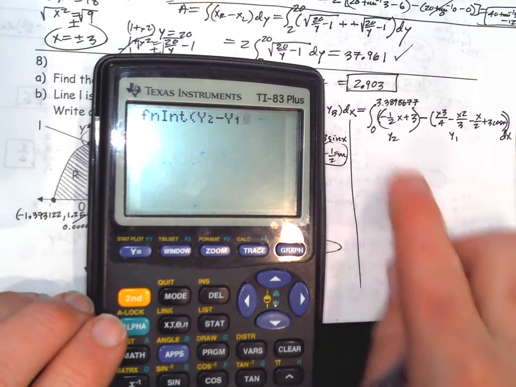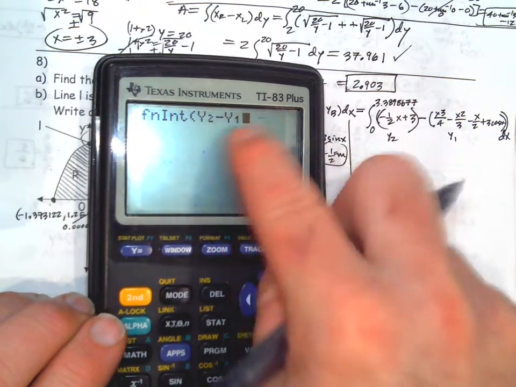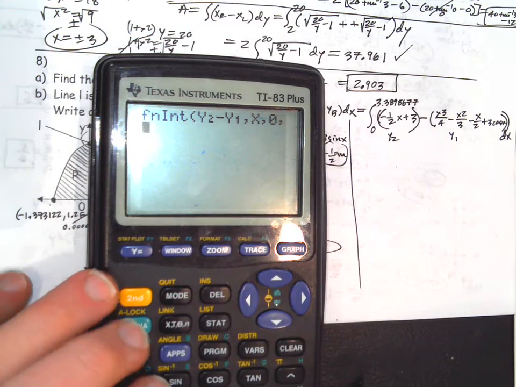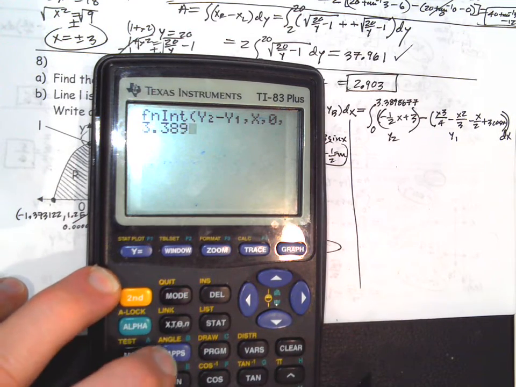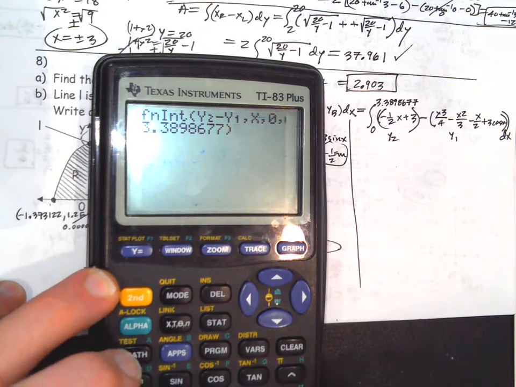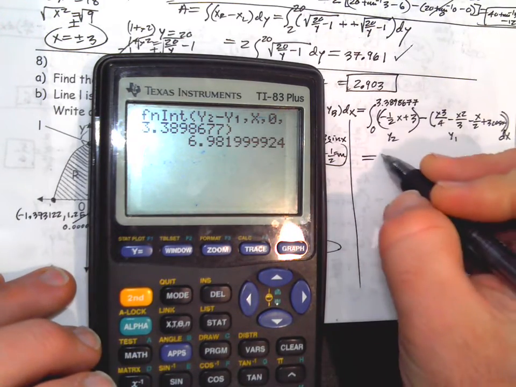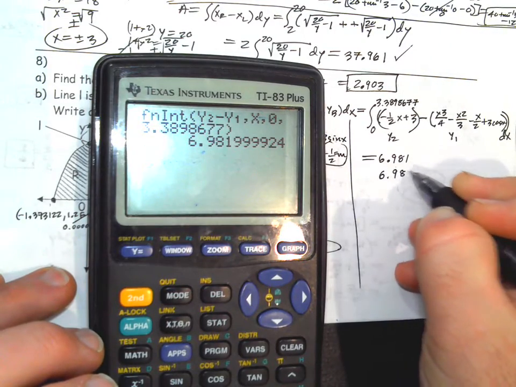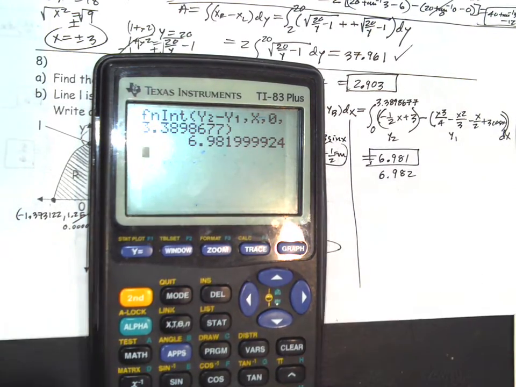That's exactly all this stuff because I had those stored in the y menu. Comma x, comma 0, comma 3.3898677. This will do it all in one go: 6.981 or 6.982. 3 decimal accuracy.